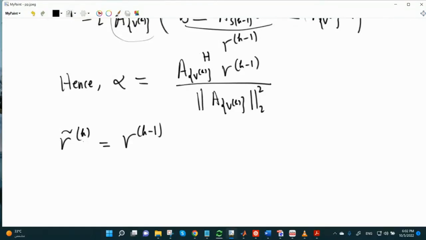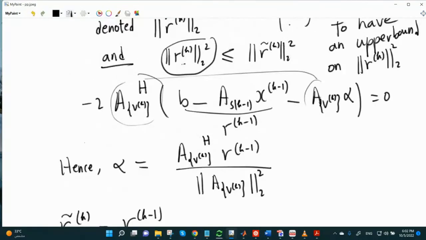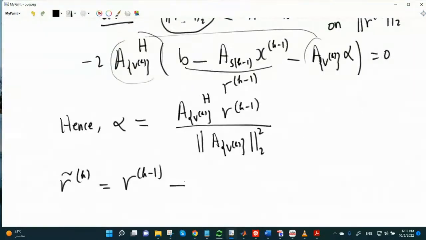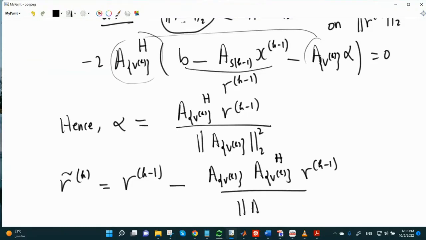And this residual is R of K minus 1 minus this vector and this vector, R of K minus 1. And here downstairs we have this nice looking L2 norm squared.